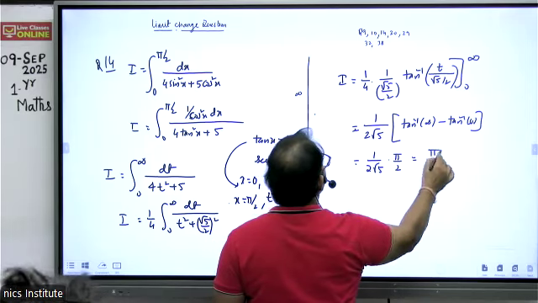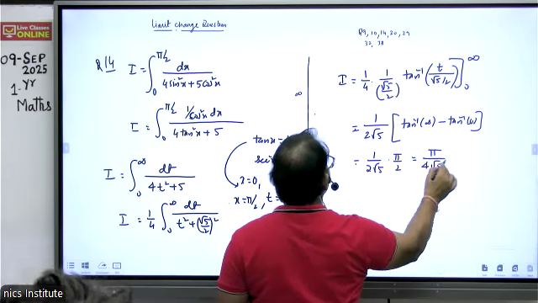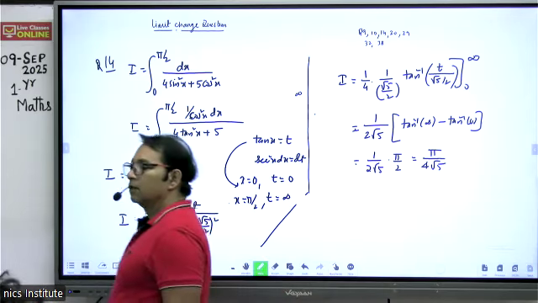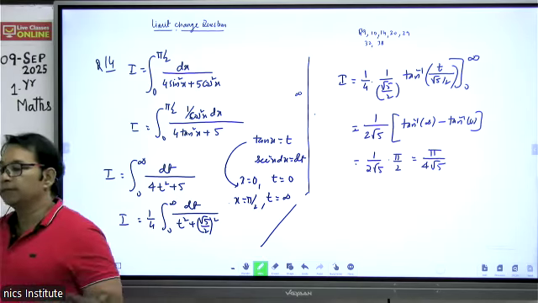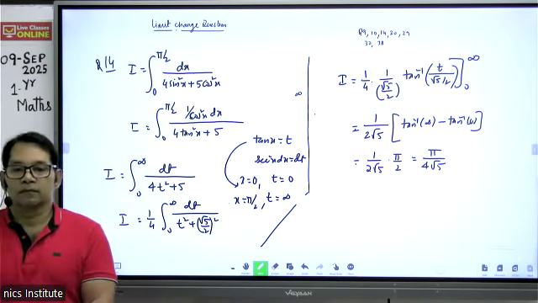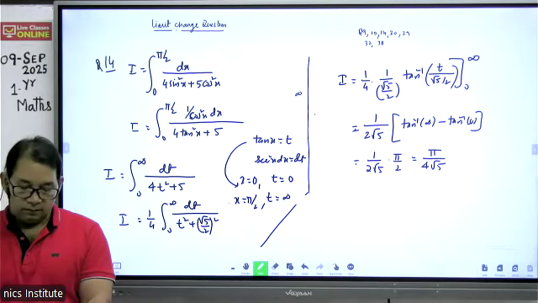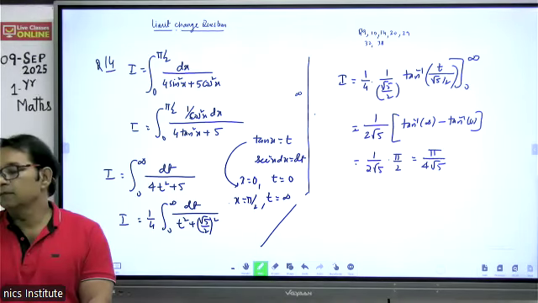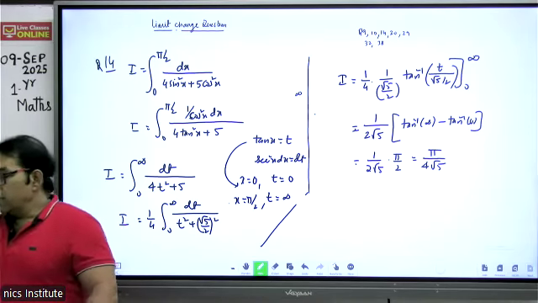So answer would be pi by 4 root 5. So this is question 14. Next is question 20.